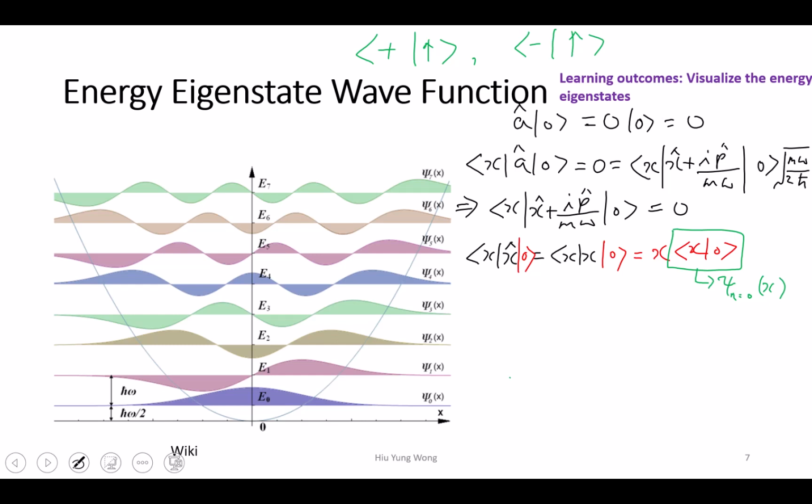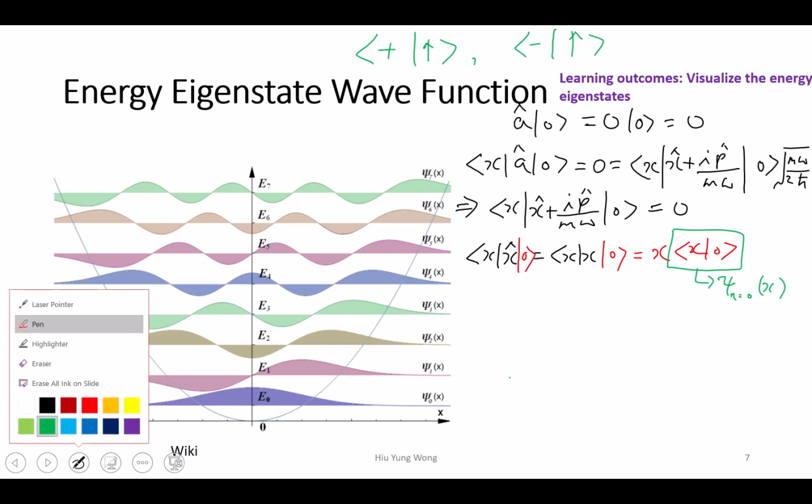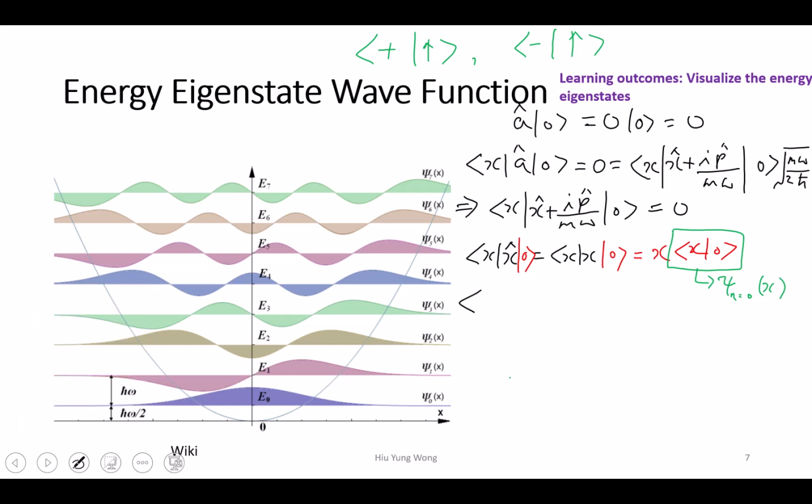Then we have another one. How about this term? x plus i p hat divided by m omega 0. Now this one, we are not going to go through the derivation, but you trust me or read Sakurai's book or other quantum mechanics books. p in the real space can be replaced by negative i h bar partial x, right?